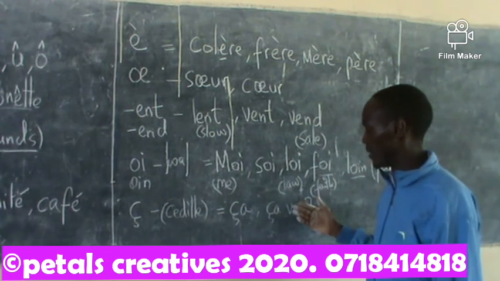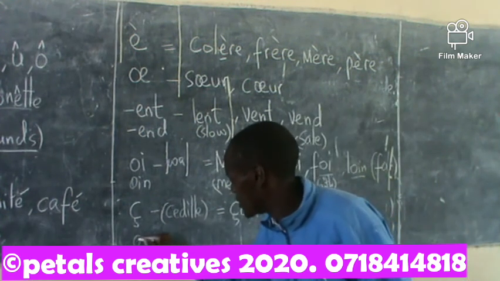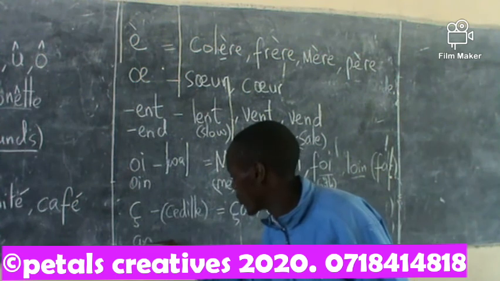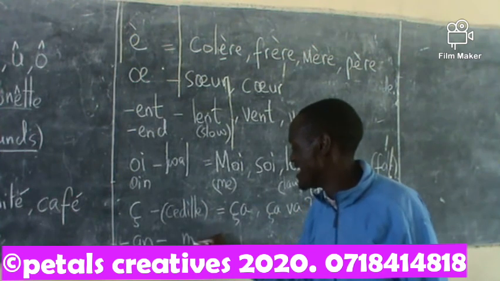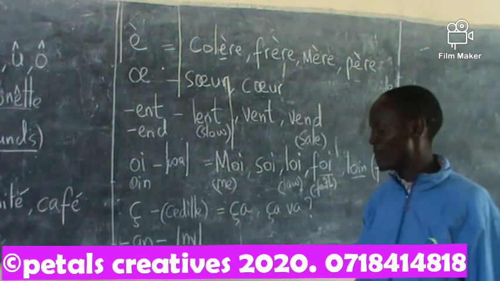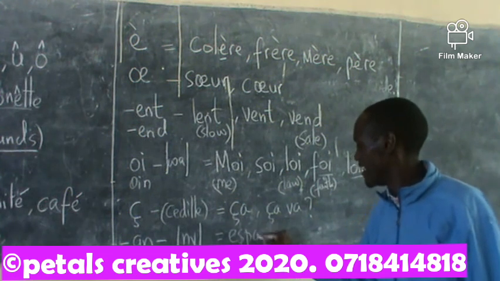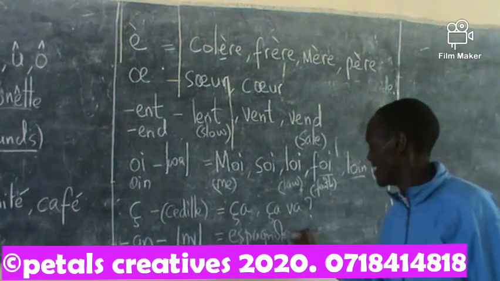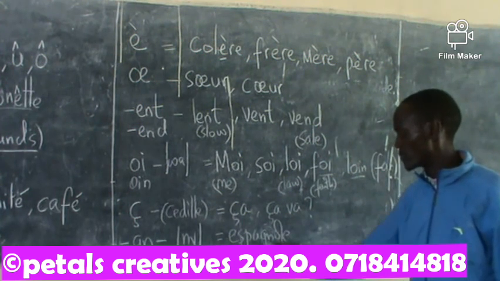And without forgetting this important one, there's another one where you see GN following one another in the middle of a word. They pronounce as nye. For example, when you are talking about Espagnol, that GN pronounces that way.